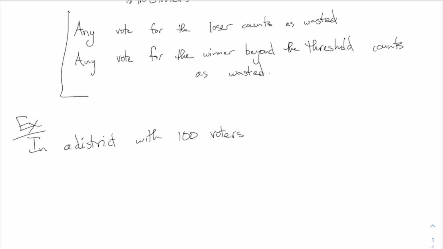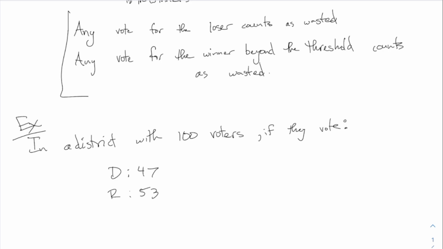If they vote like so, if the D's are 47 and the R's are 53, this is not packed. They are fairly evenly matched in this district, so there's no packing going on.